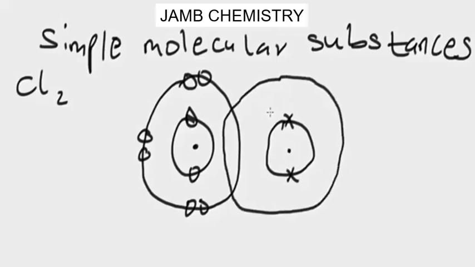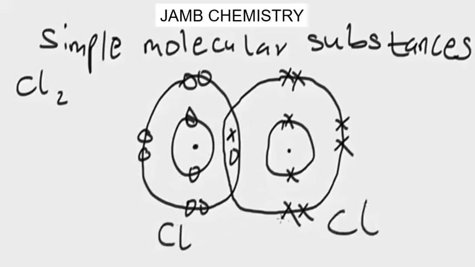So these two chlorine atoms now will share one pair of electrons and form a single covalent bond. Remember, this will be the second chlorine atom. Alright, so now they have achieved stability. You can decide to label this your chlorine atom or not. So this will be the first chlorine atom, this is the second chlorine atom. So it's as simple as that, guys.